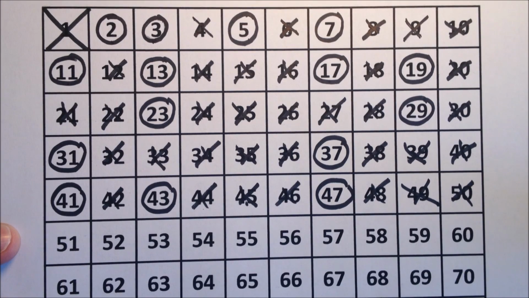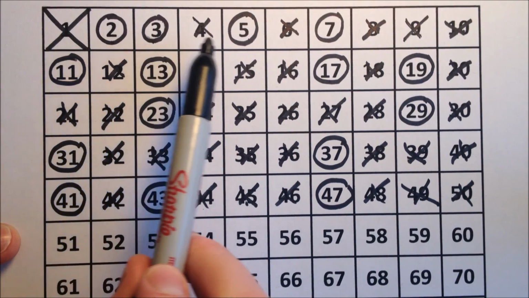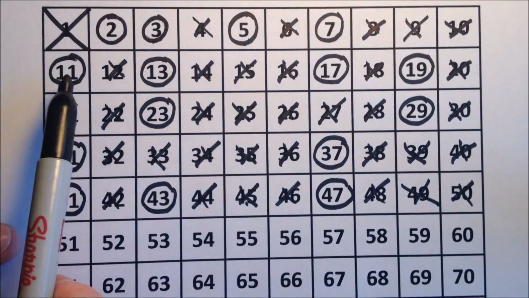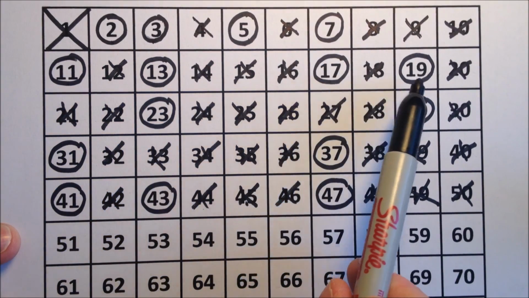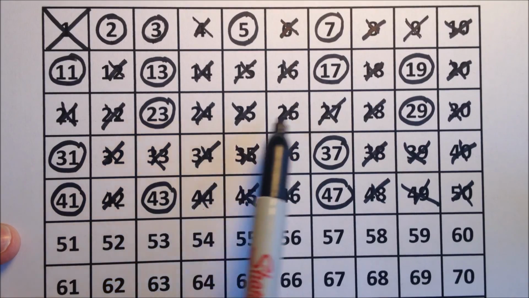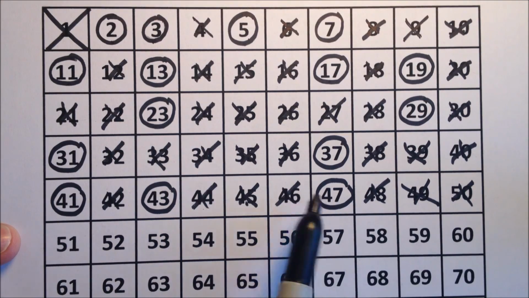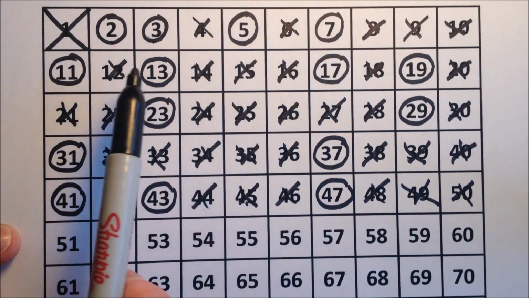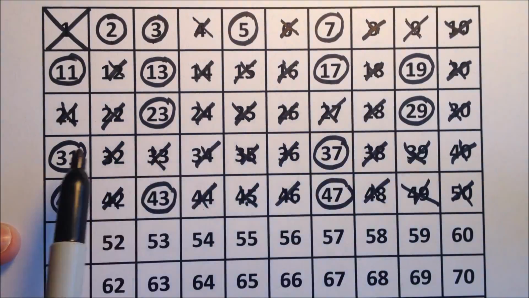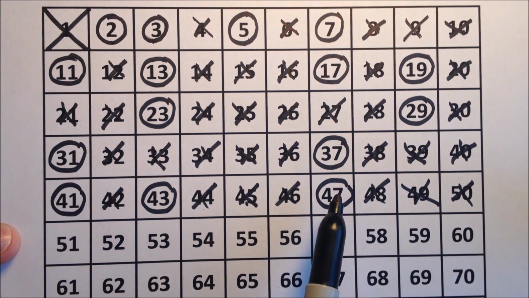These prime numbers include 2, 3, 5, 7, 11, 13, 17, 19, 23, 29, 31, 37, 41, 43, 47. So there are 15 primes that are less than 50.